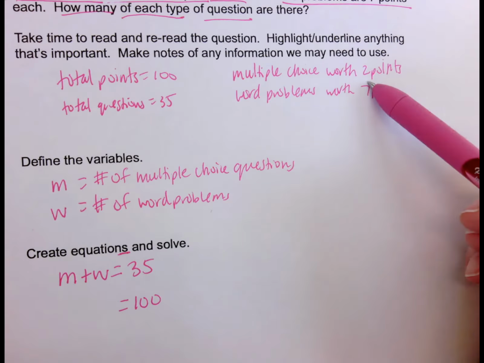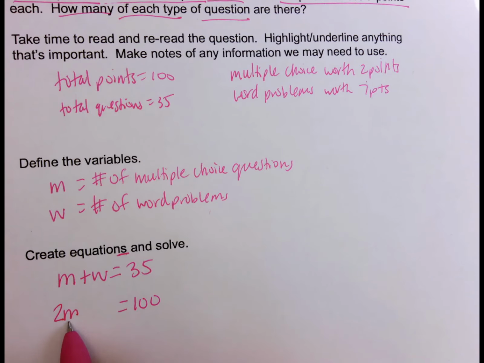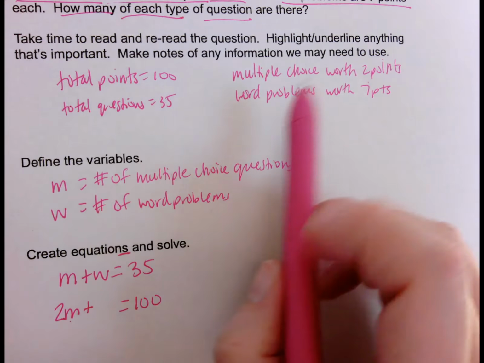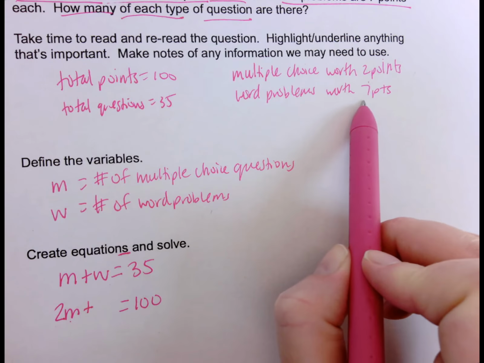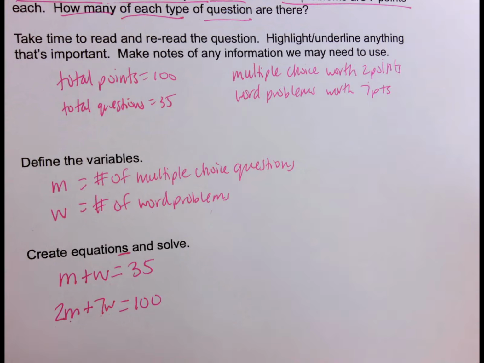So to represent that, we can represent it as 2 multiplied by the multiple choice questions, because it'll be 2 points per multiple choice question. And then to represent the word problems, we can do the same thing, but we'll do 7W on this one. 7 points per word problem. And so 2M represents the total points for multiple choice questions. 7W represents the total points for word problems, and then we add them together, we equal 100.